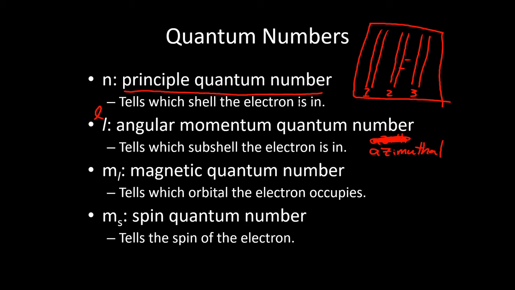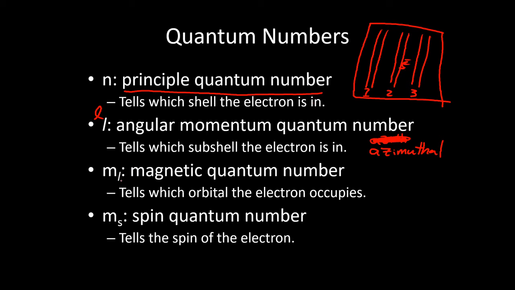This tells you the subshell that the electron is in. So we have the shell, the broadest, least specific number, and then inside that shell we have one or more subshells, depending on the shell, which we'll talk about in just a second. So we have the shell, and the subshell, which is determined by the angular momentum quantum number. That would be like saying, if the shell is the row of pallets, the angular momentum quantum number is like saying this specific pallet in the row.